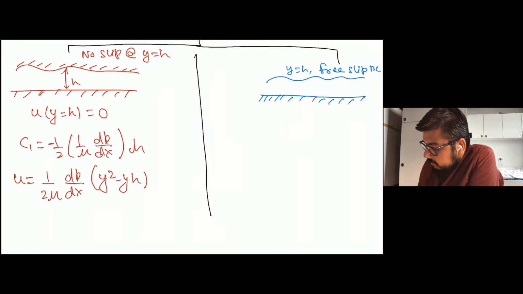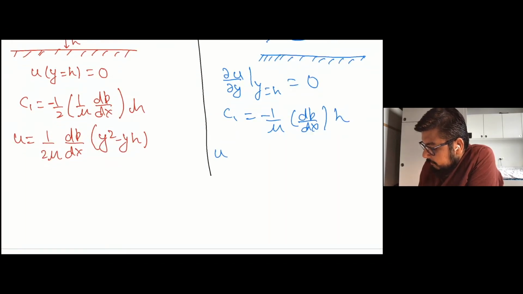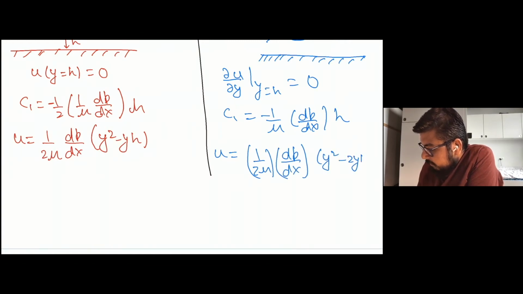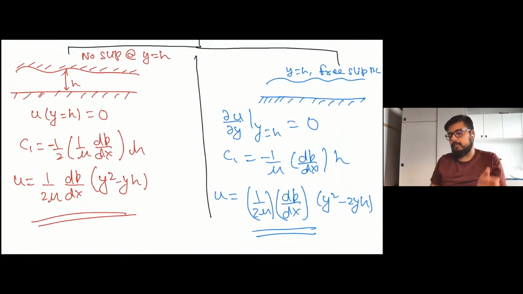Whereas for the other case, we have du/dy at y equal to h equal to 0, which gives c1 equal to minus 1 by mu dp/dx times h, and this gives the equation u is equal to 1 by 2 mu dp/dx (y squared minus 2yh). So depending on which case we are dealing with, either a no slip boundary condition at the top, or a free slip boundary condition at the interface, we can have one of these two cases.